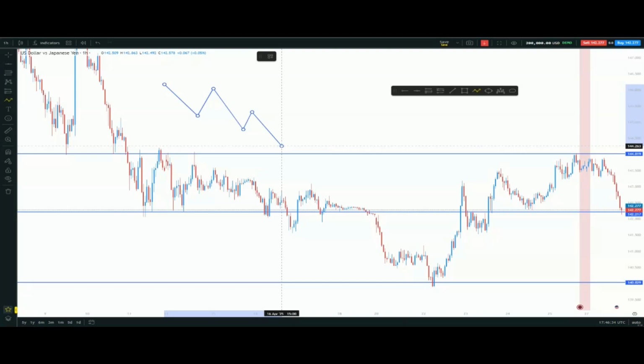But if it is a counter trend trade, you are going to wait for this particular level here to be broken to the upside, and then you wait for a retest towards this level, and then you wait for a confirmation down here. Then you can aim for more price movements to the upside.